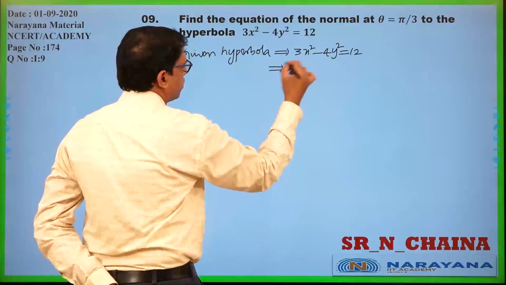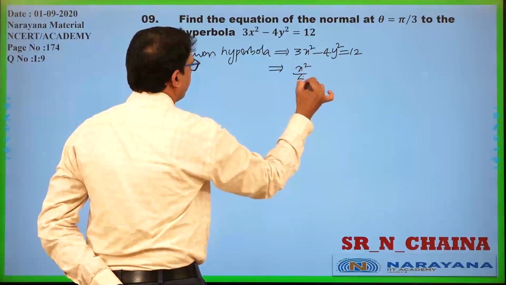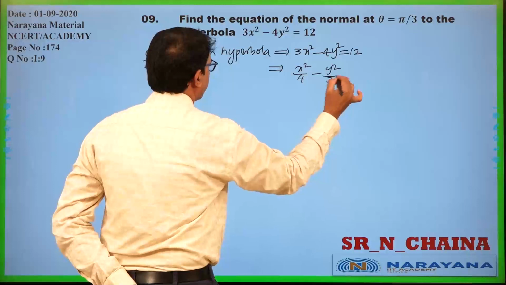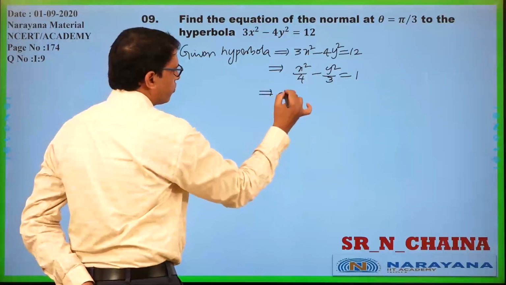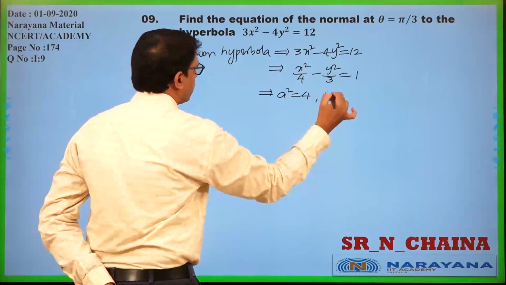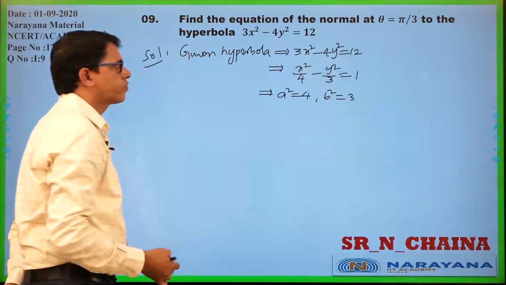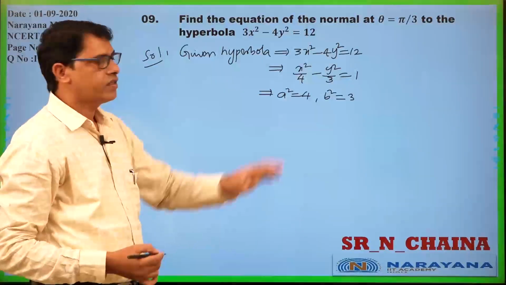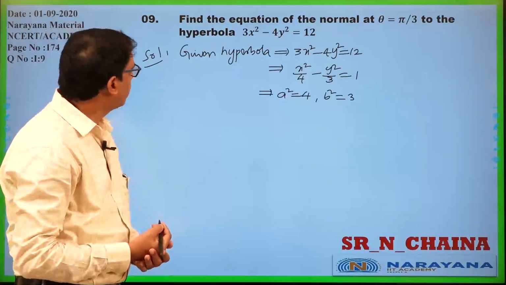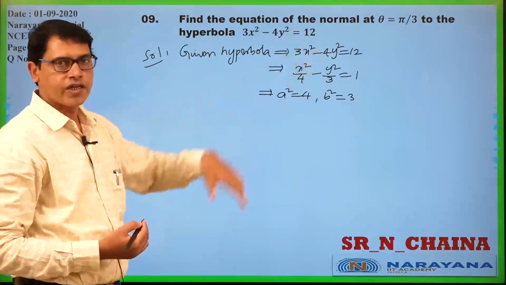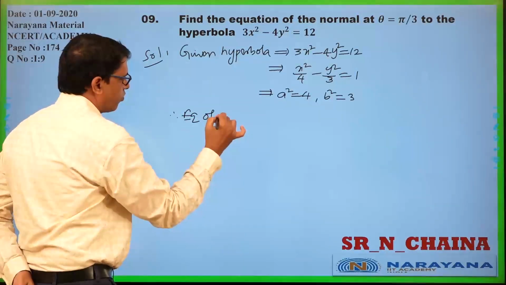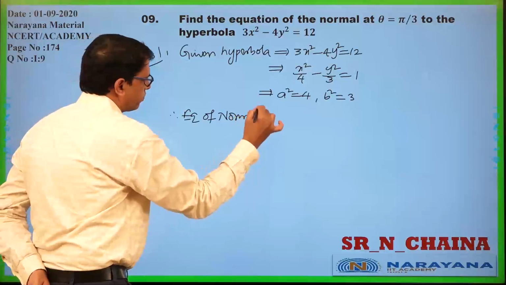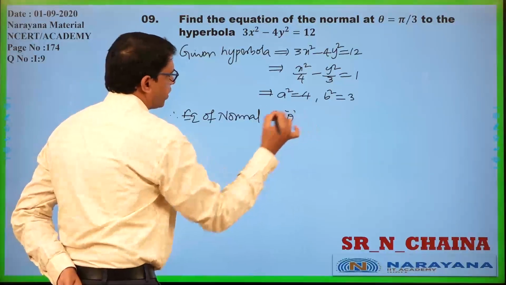That implies x square by 4 minus y square by 3 equals to 1. So from this one, a square value is 4 and b square value is 3. So theta is given as pi by 3. So equation of normal at theta. So therefore, equation of normal at theta.